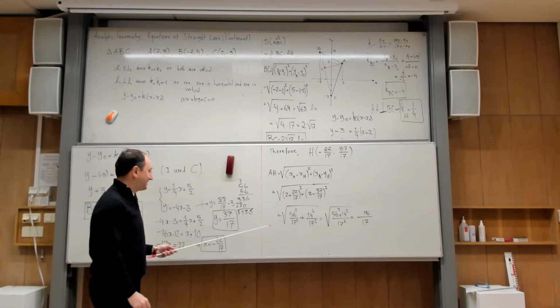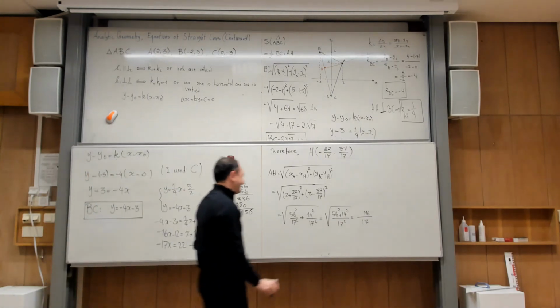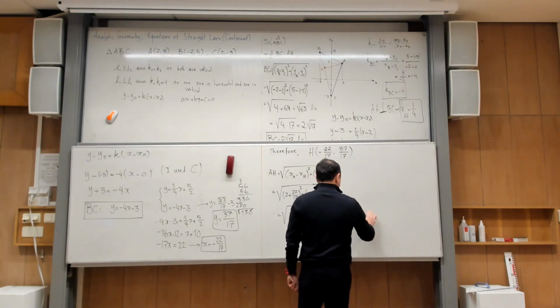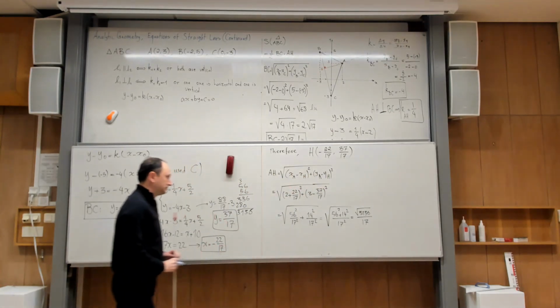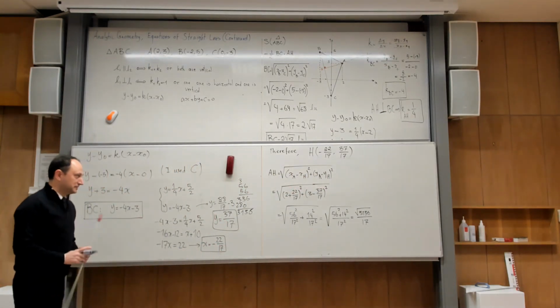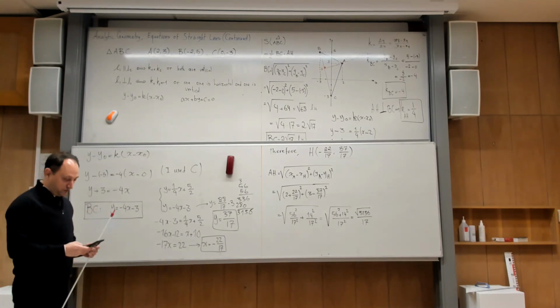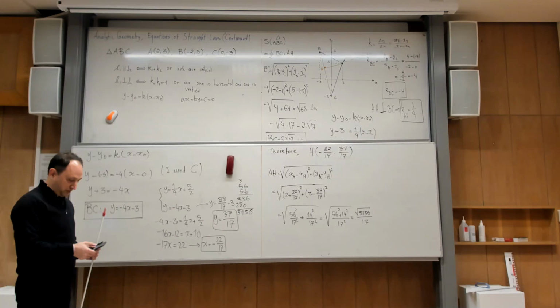It seems to be correct. Okay. So it is 3136 square root. Yes? Did you calculate it or not? 56 times 56.